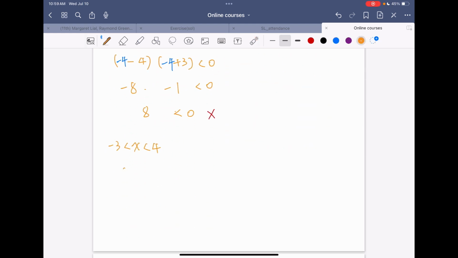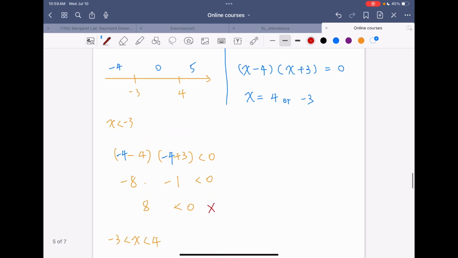We replace x with 0: 0 minus 4, and 0 plus 3, and it's less than 0. We can tell here it will be minus 4 times 3. Is that less than 0? Yes, it's minus 12.